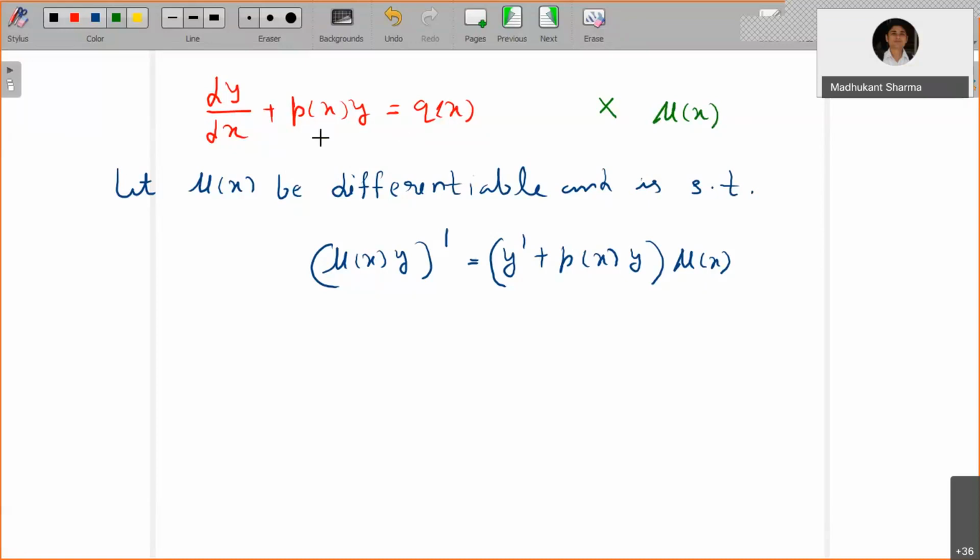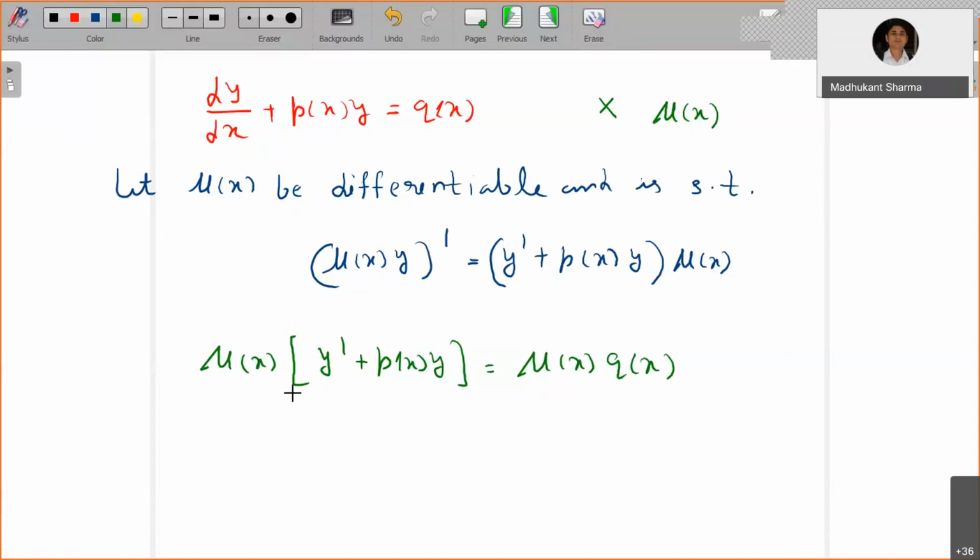So what will the equation be if you multiply this equation by mu of x? You will have mu of x times y dash plus p of x y is equal to mu of x times q of x.